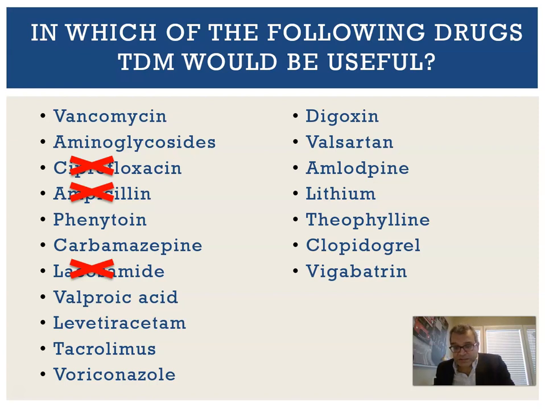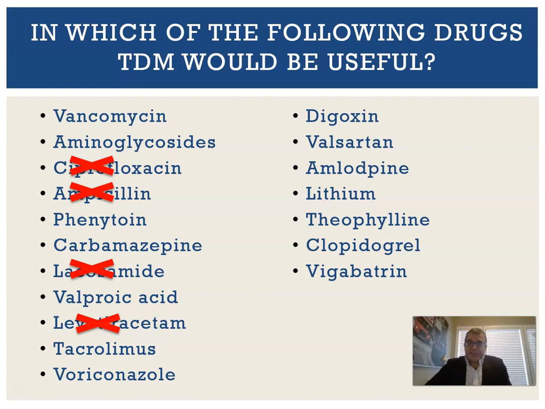Valproic acid has saturable protein binding, right? And if you are suspecting toxicity, we can measure valproic acid concentration. We can do TDM. Levetiracetam has minimal drug interactions, predictable kinetics, so TDM might not be useful for most patients, but it could be useful for special populations, also with lacosamide.